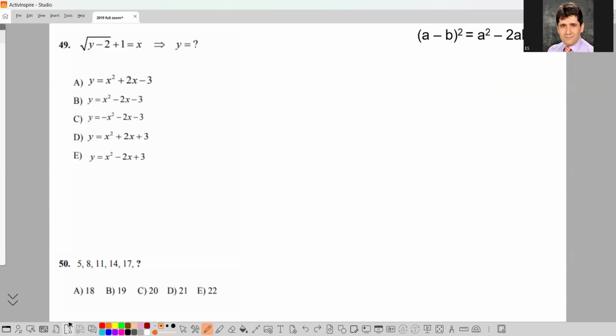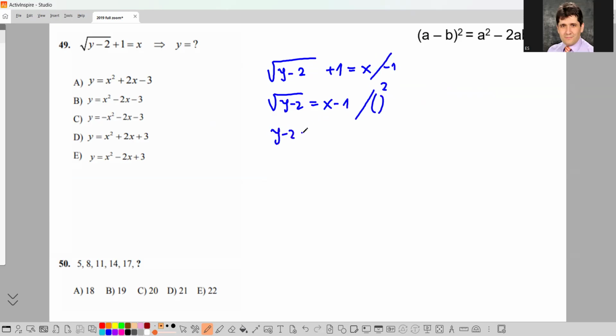Next is solving this problem. So changing the subject of the formula. Well, let's copy the formula. First, we get y minus 2 all plus 1 should be x. Well, that means y minus 2 is x minus 1. Here I subtracted 1 from both sides. Then I square both sides. So I get y minus 2 is x minus 1 all squared, which means y minus 2 is, now this is the binomial square.